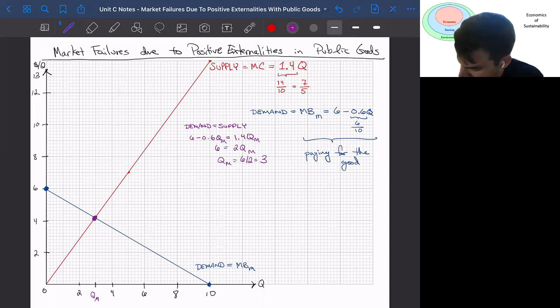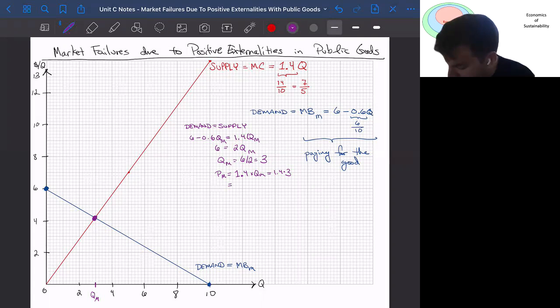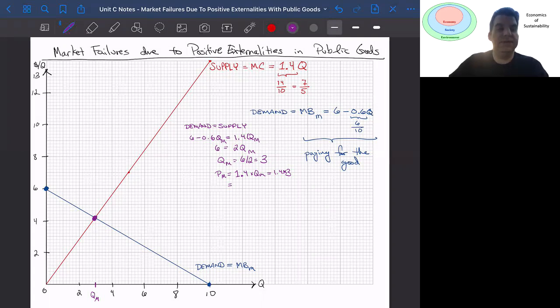So PM is equal to 1.4 times QM, which is 1.4 times 3, which is equal to 4.2. And so I can extend this over, and around 4.2, that's where I get the market price.